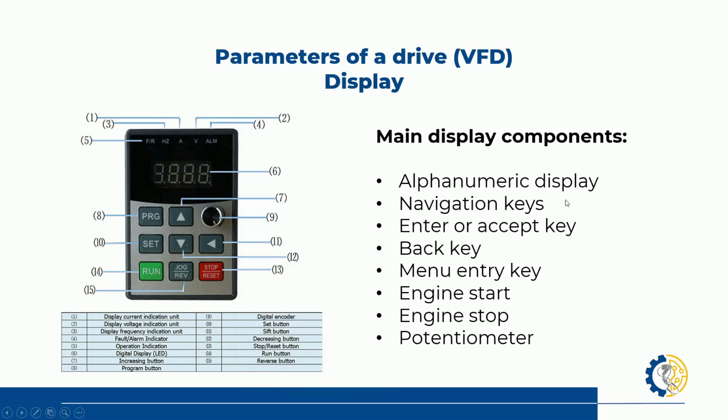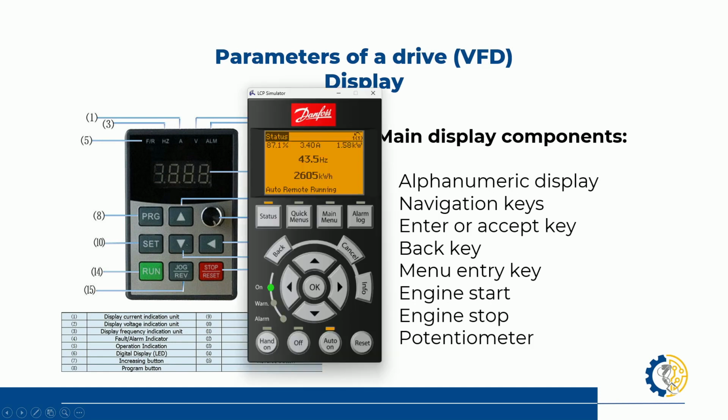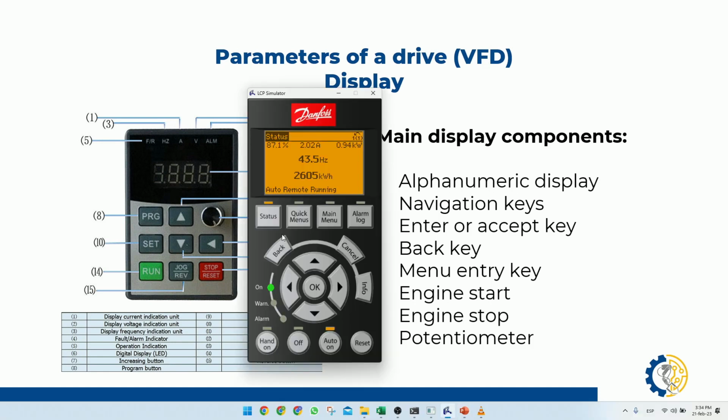Now, what else do we have here in our interface? We have our alphanumeric display, which is a very easy display, depending on the model, and it also could be a little bit more complex, like, for example, this drive that does this graph. Now, navigation keys: upwards, downwards, to the left, or to the right, okay?